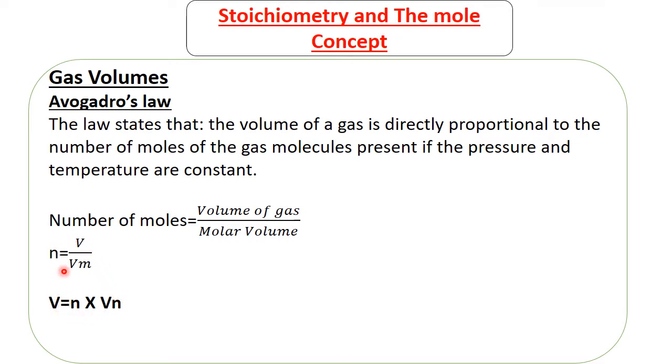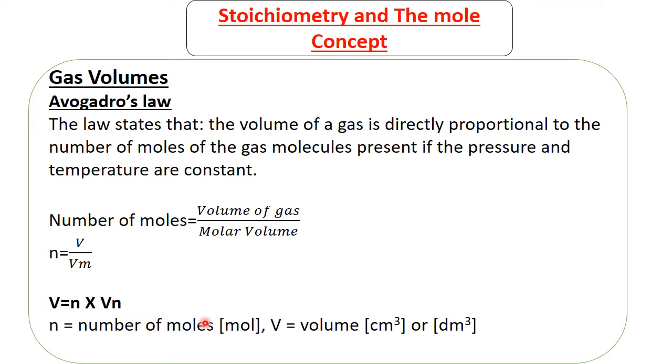In short, if you make V the subject, you're going to have this. Usually we are given the number of moles and we need to know the volume of a gas when we know the number of moles of that gas present. Sometimes we can know the volume, and then we can determine the moles using this formula. It's the same formula, I've just made V the subject here.